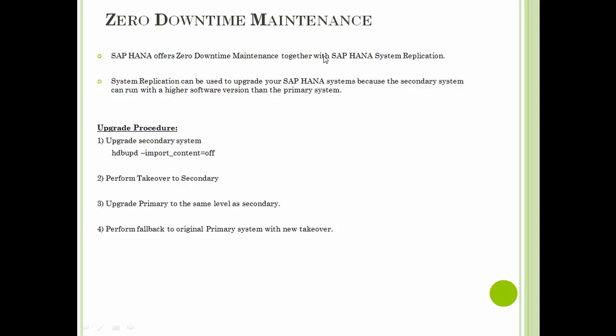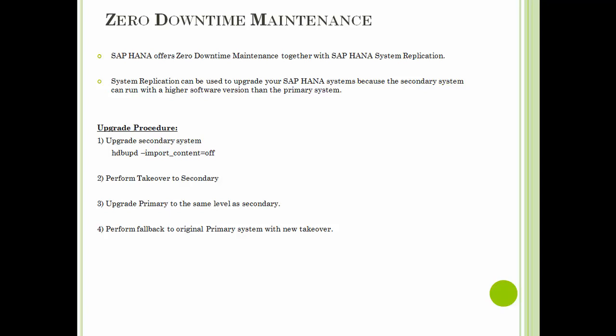So this is an extended solution to system replication, where as a simple setup we will have site A and site B. Site B is getting replicated from information of site A, and if you want to do an upgrade, be it hardware or software, of site A, which is the productive system, then what we can do is a takeover of primary to secondary, where the secondary can act as the productive system, and then do the upgrade of the primary.